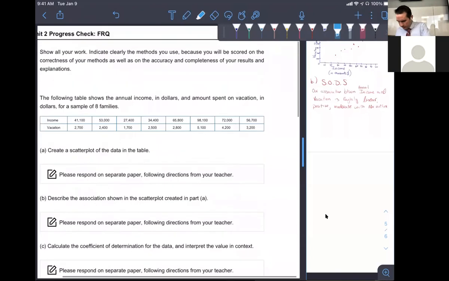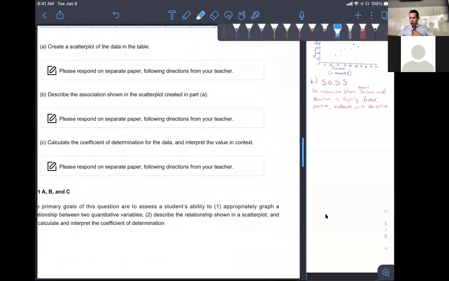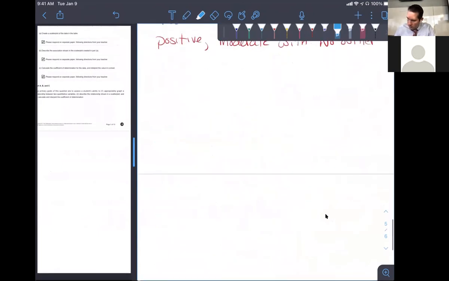So let's go back to our iPad. Charge the Apple Pencil. In the meantime, calculate the coefficient of determination and interpret the value in context. So, R squared equals 84.98%. We have a sentence for R squared.